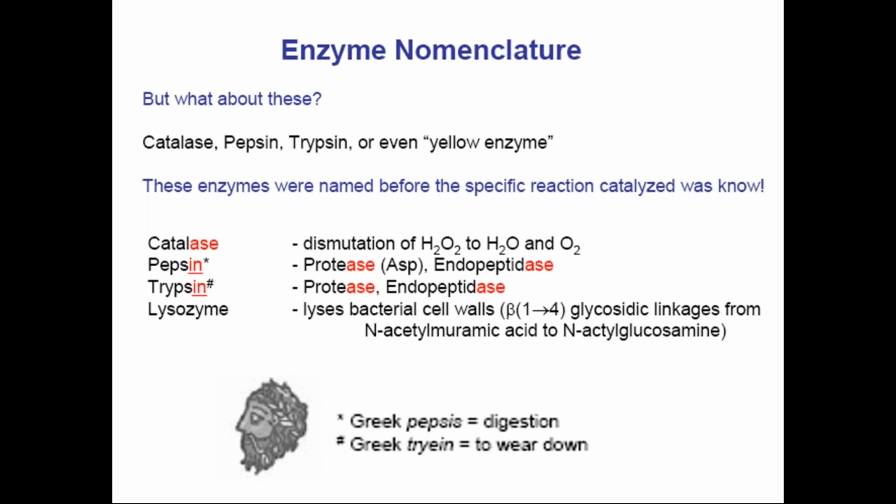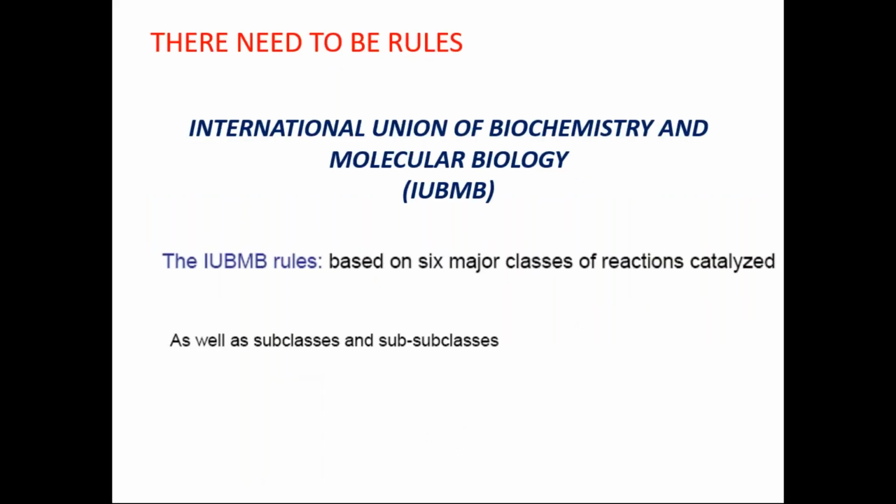So therefore, the International Union of Biochemistry and Molecular Biology, this is an apex body for biochemistry, has made rules which are based on the 6 major classes of reactions catalyzed, where the numbering of the enzyme is based on the rule, and you have a major class, then you have a subclass, and you have subclasses, just like how you do so in taxonomy.